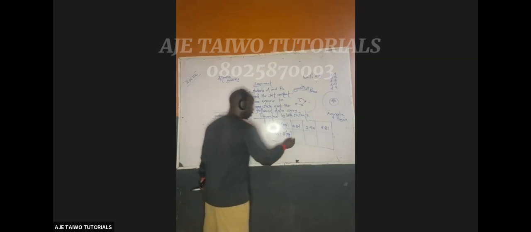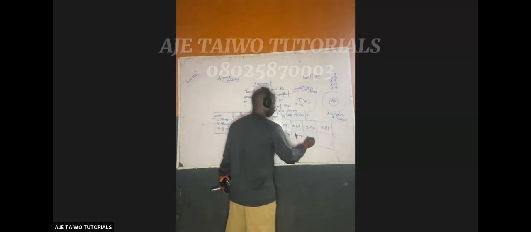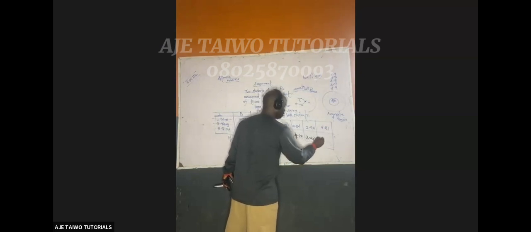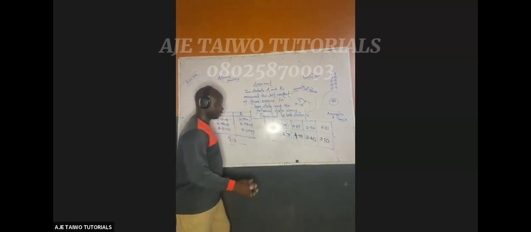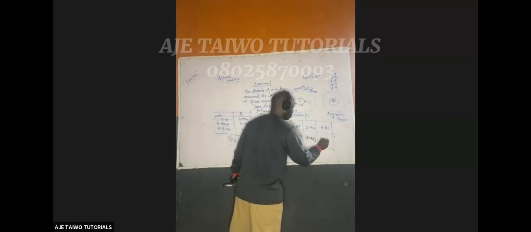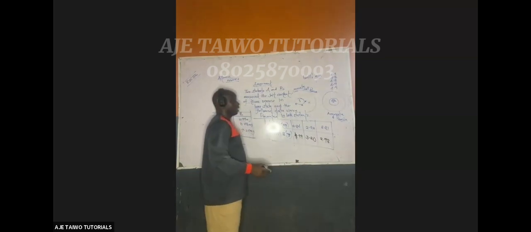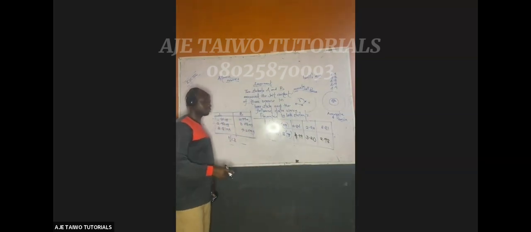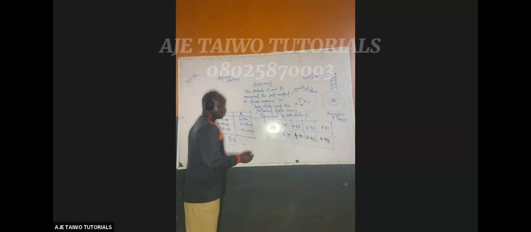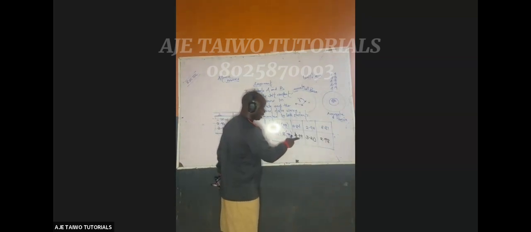Student B gave us 2.99, 3.20, and 2.98. This is 2.99.